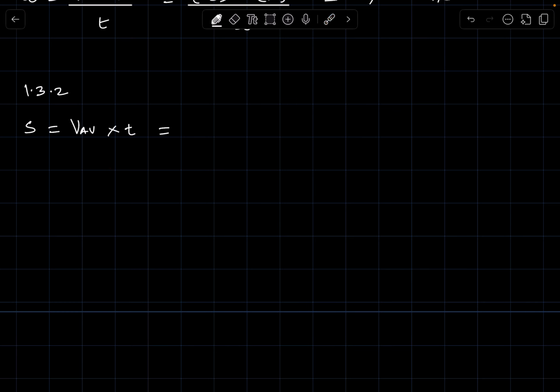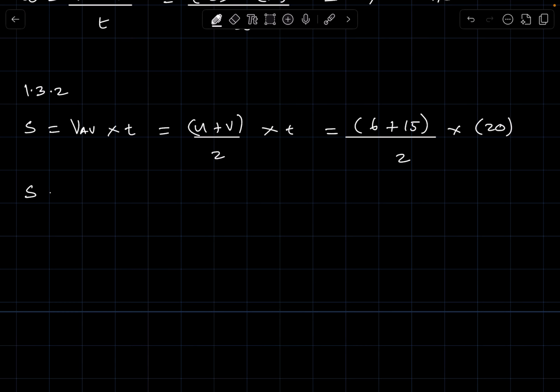Average velocity is u plus v divided by 2 times time. Now you substitute. Initial velocity is 6, final velocity is 15 divided by 2, the time 20 seconds. If you punch that in your calculators, we're going to get 210 meters.